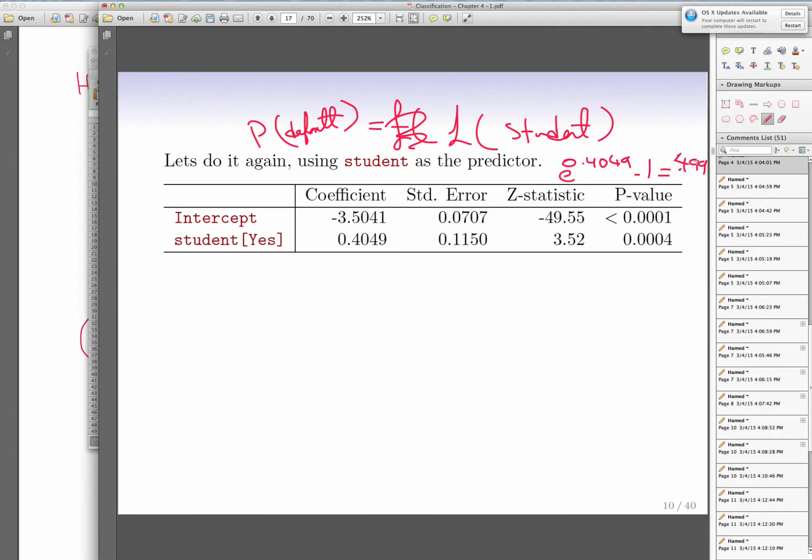So that means on average, students have 49.9% more chance of default. So around 50%. So being a student in comparison to non-students results in 50% more chance of default.